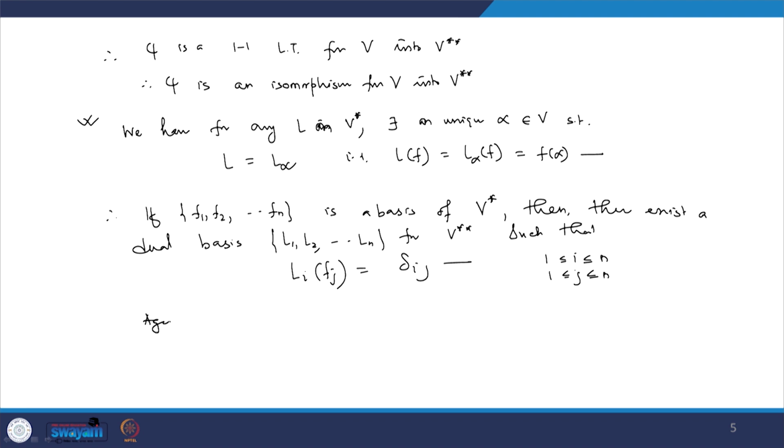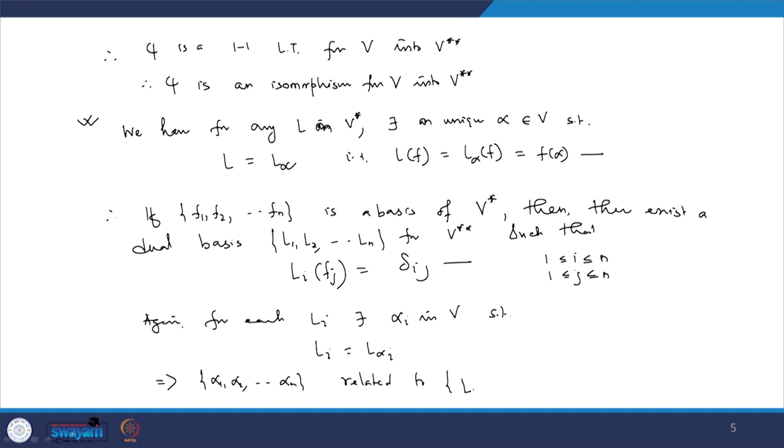Again, for each Li there exists alpha i in V such that Li equal to L alpha i. The previous result says that for each Li there exists alpha i in V such that Li equal to L alpha i. So, this implies one will get alpha 1, alpha 2, alpha n related to L1, L2, Ln.